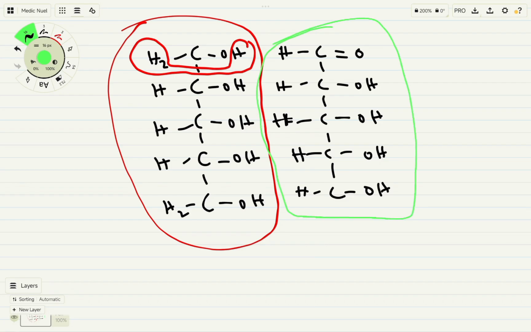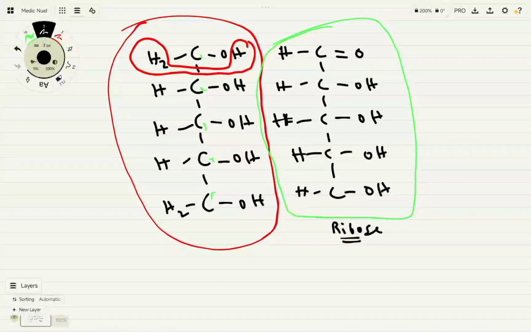I'm removing the 2 hydrogens from the first carbon and getting my new structure. This new structure is basically ribose. So this structure here is the Fischer projection of ribose.